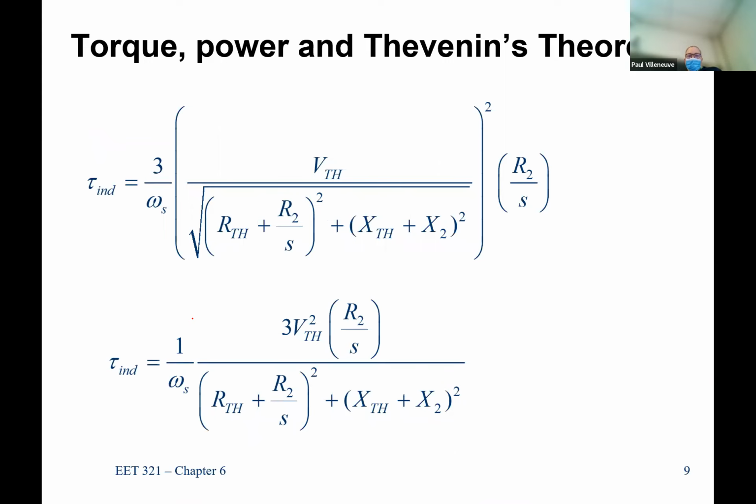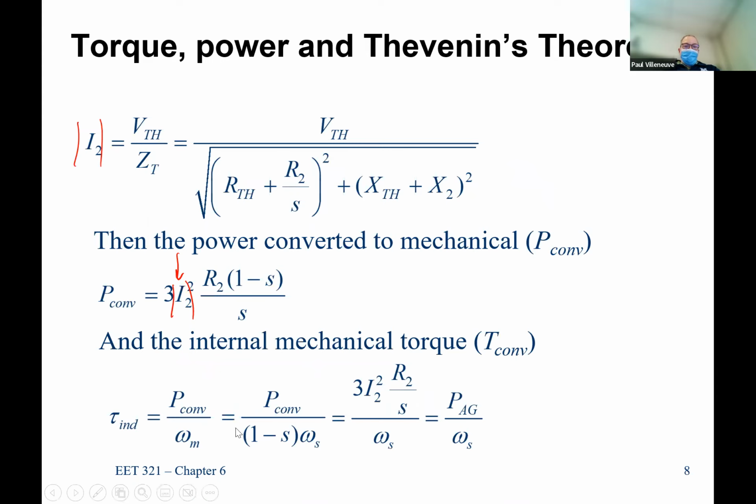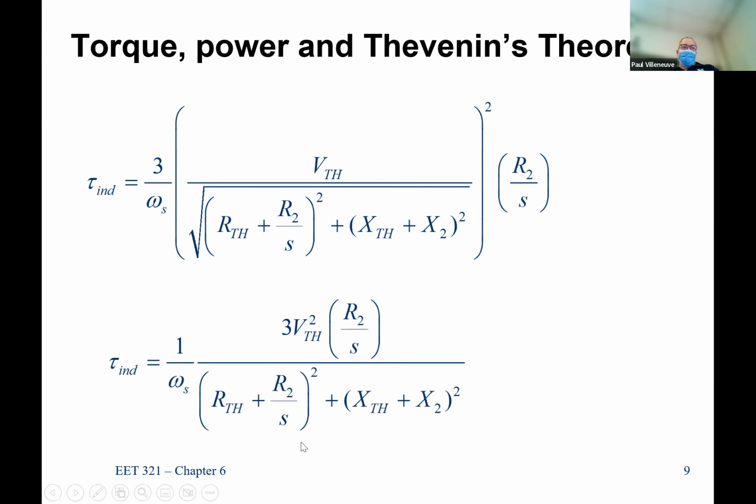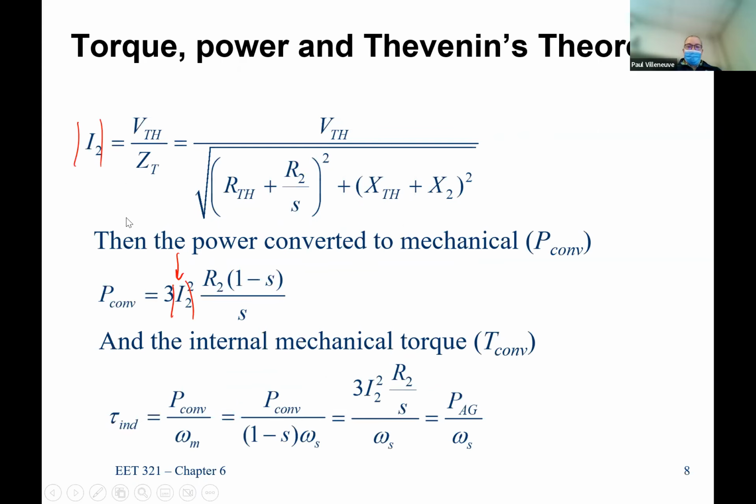So now I'm going to substitute that equation, because over here I have my converted power, and I can divide this equation by omega sub M to get my induced torque, or I can substitute 1 minus S over S. So this one is doing the substitution of 1 minus S over S. So this is my 3 times I2 squared times R2 over S times my value of S. And you can see, hopefully, that this 1 minus S term was divided out from over here.